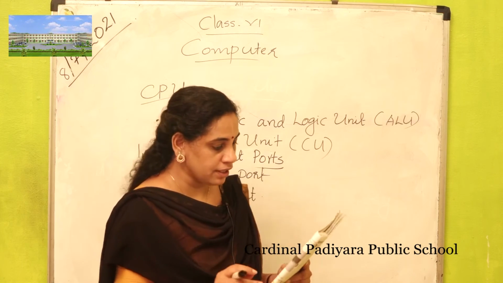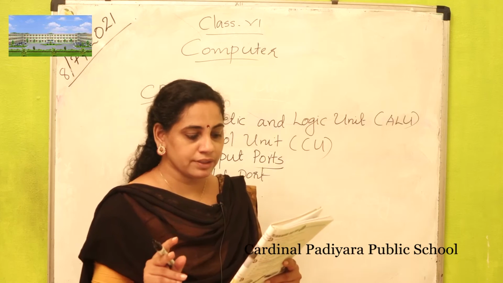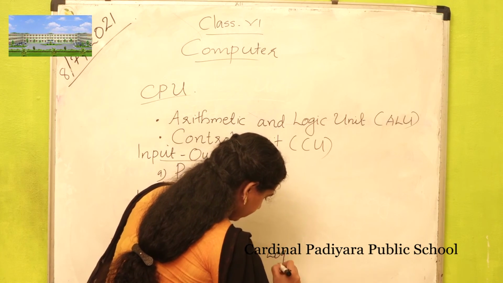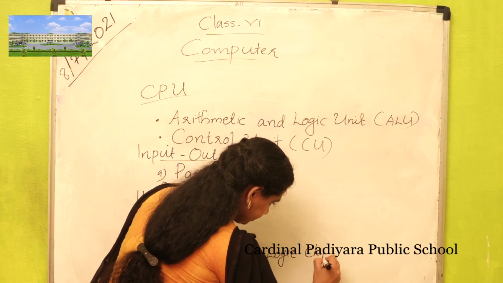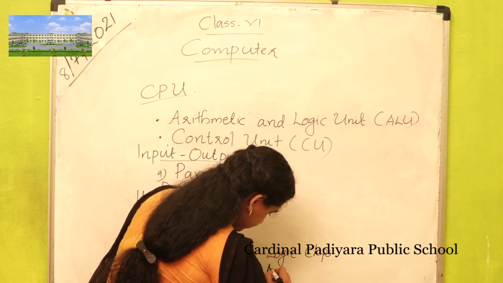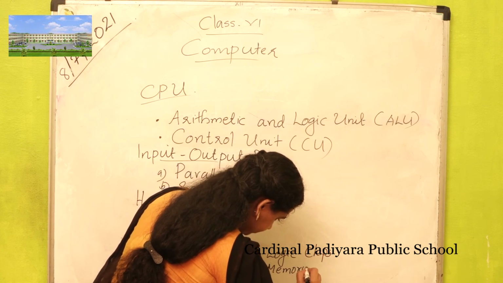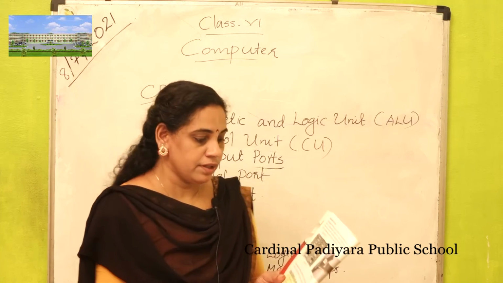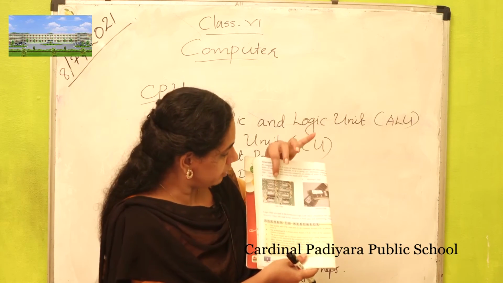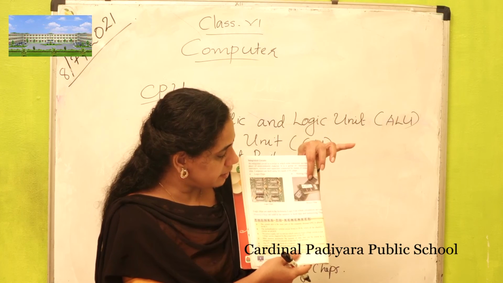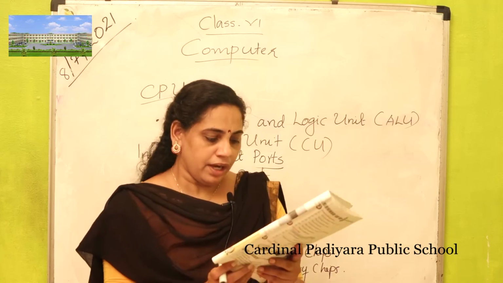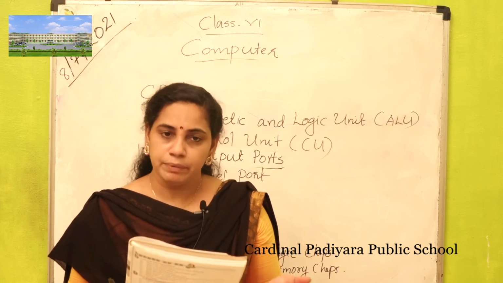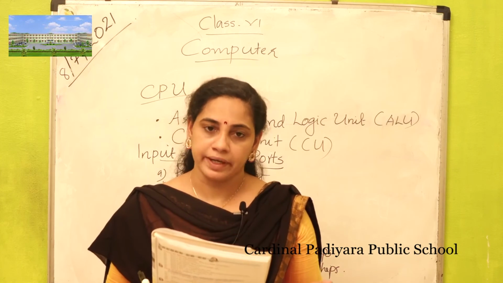In your textbook, page number 8, this is the logic chips and this is the memory chips. Logic chips are used in the arithmetic and logical calculations, and memory chips are used in the memory.